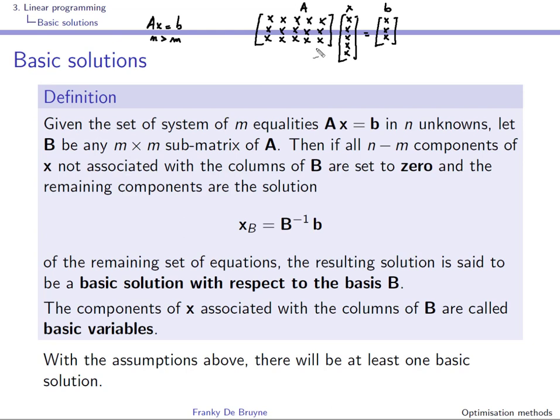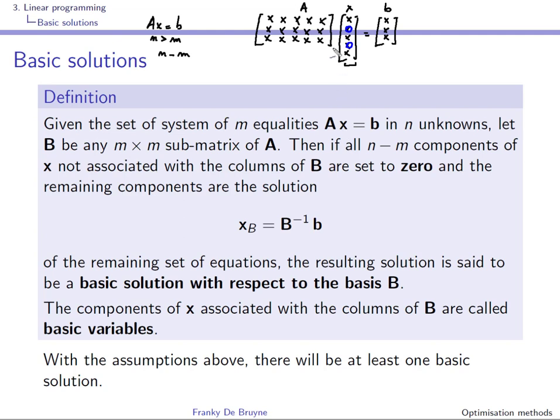So what we can do here is set in x, well, set n minus m variables to 0. Okay, so what we can do over here is, for instance, set this one to 0 and set this one to 0, right?